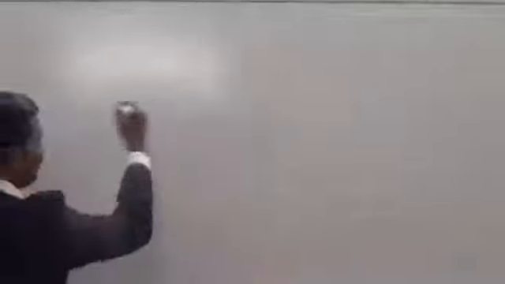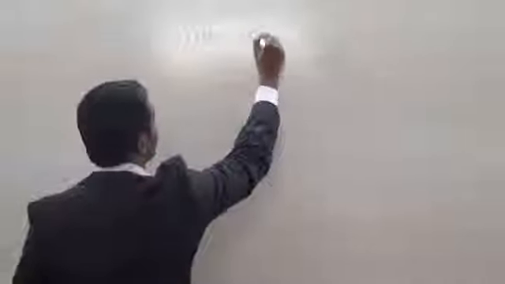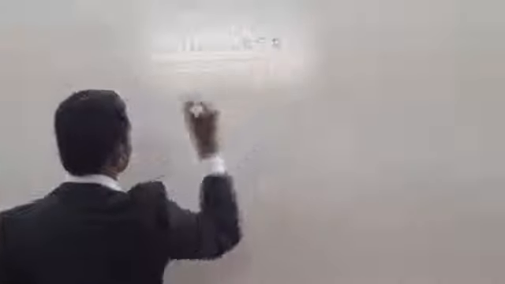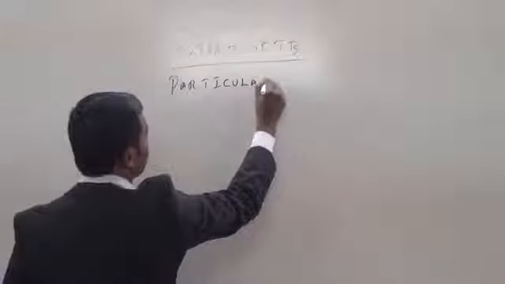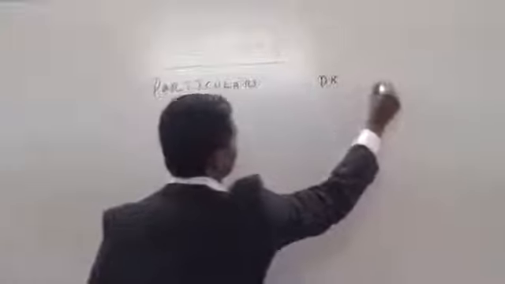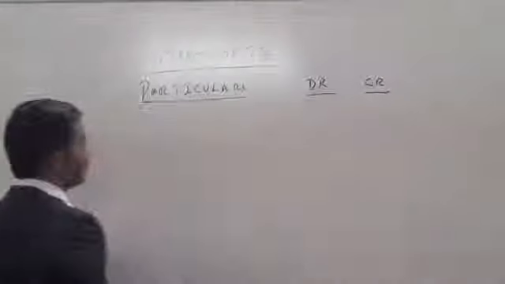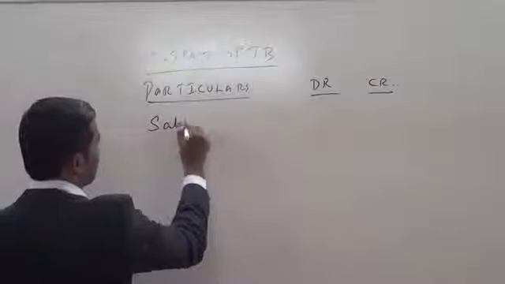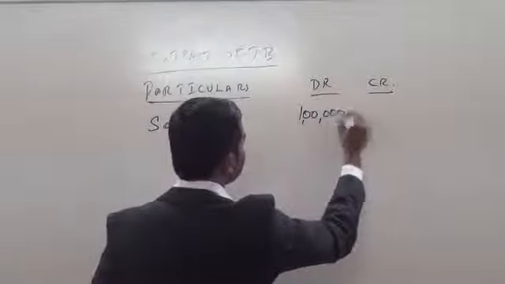I am going to take a small part of a trial balance. I call it an extract of a trial balance. Particulars, debit, credit. Now, let us say in the trial balance, salaries are shown at 1 lakh.